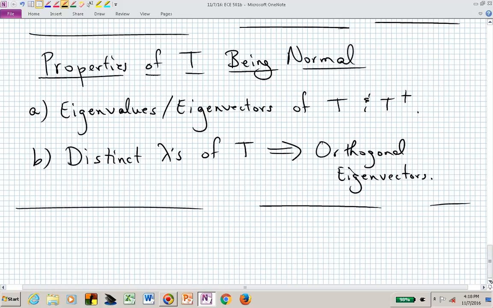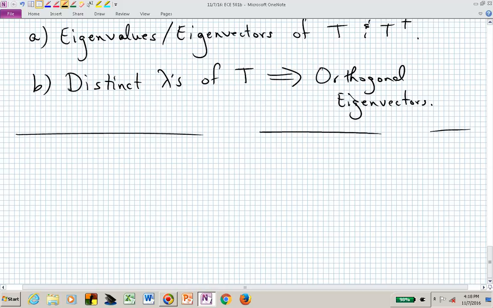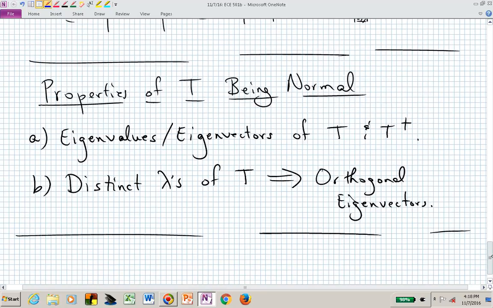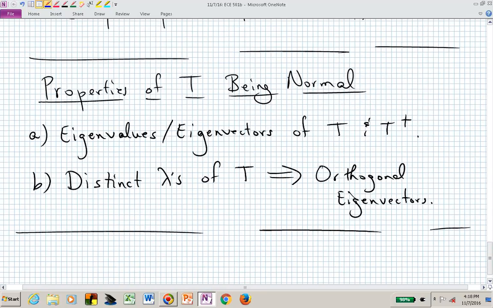But before we get into those, let's look at a lemma that we can use to help us work through these properties dealing with an operator being normal.